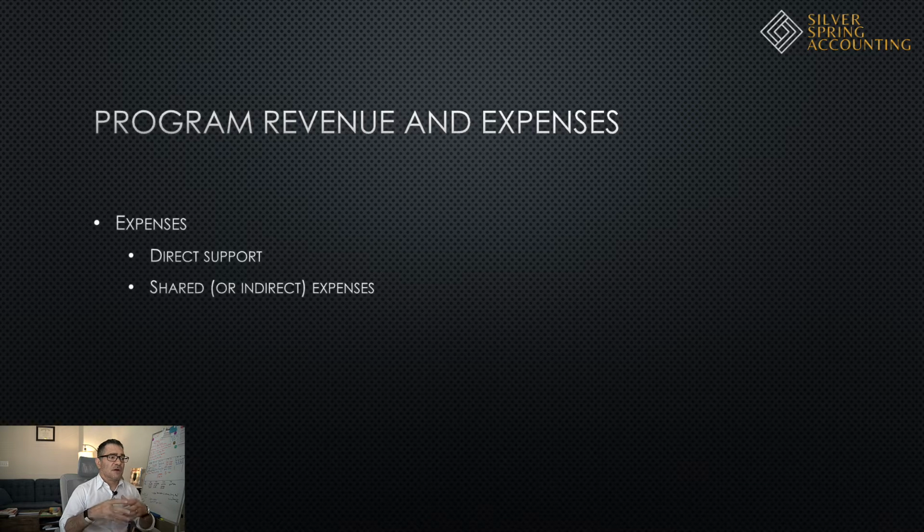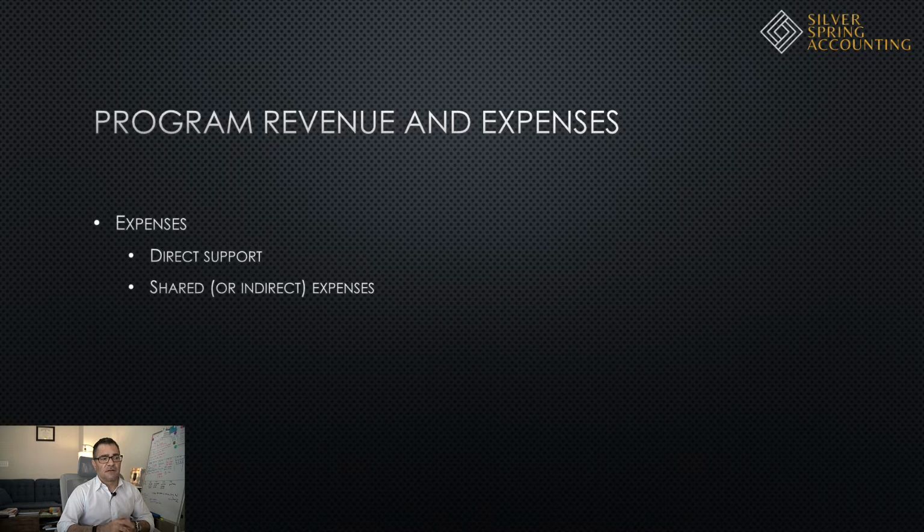Now, some expenses may not be what you'd say are direct, because they serve multiple functions. And in this instance, we would have some sort of an allocation, which we will talk about again in a different video to keep things a little bit brief on this one.